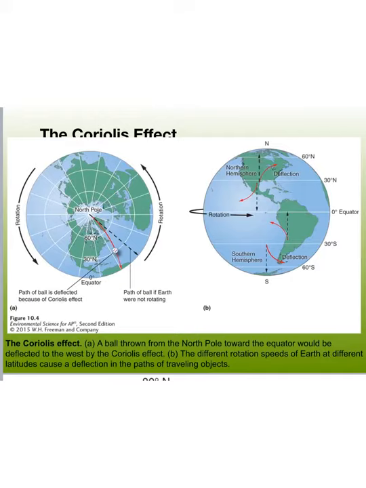So if the air current started there, like on the border of Mexico and the United States, and you throw the ball, then you get this deflection outward. Now, if you're standing at that same border, you turn around, and now you're going to throw it towards the North Pole. Its deflection will be in the opposite direction. And this has to do with both reasons, both the currents and the rotation of the Earth.